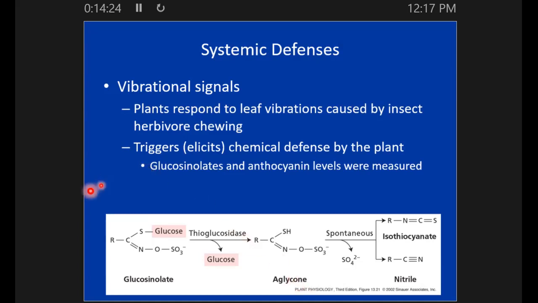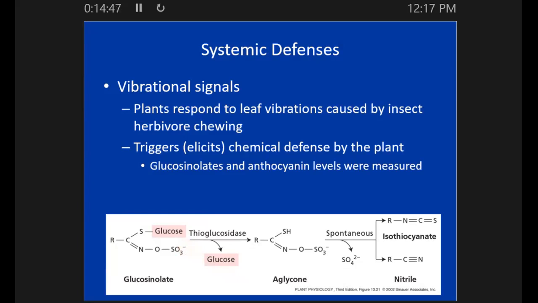And so here you can see, I just put this from the other slide set, just looking at the glucosinolate. So what they were doing was they did a controlled study in the lab where they mimicked chewing, like the recording of the chewing by the insect, and they clamped that onto the leaf and did the recording, and they were looking to see how the plant responded.